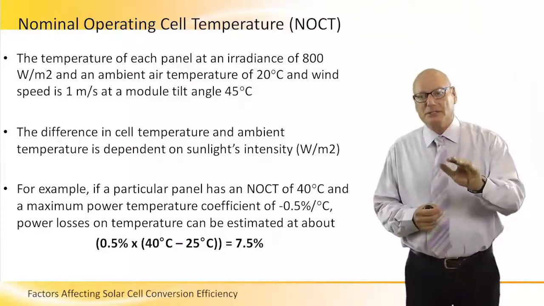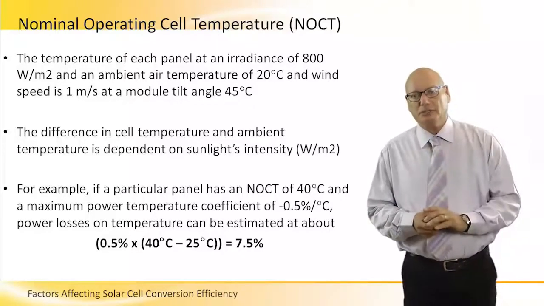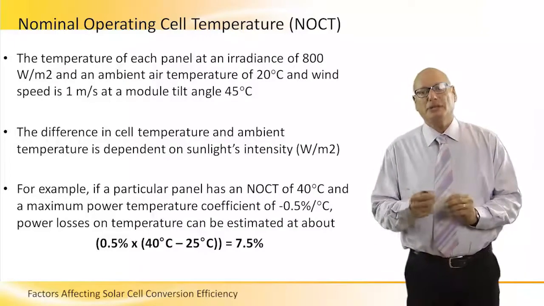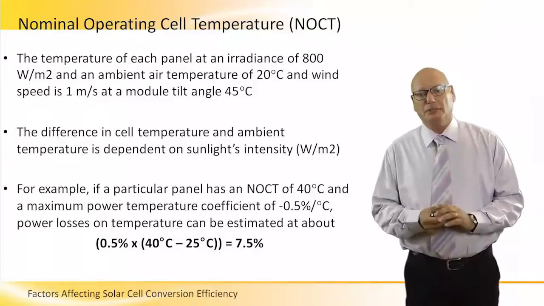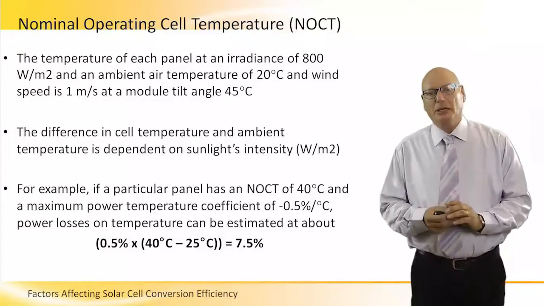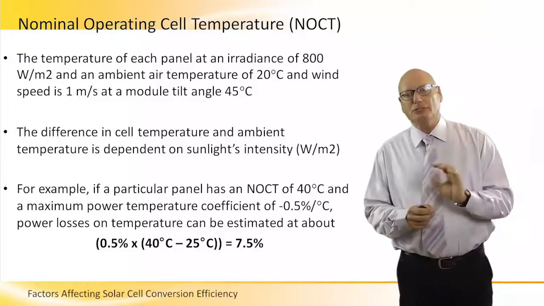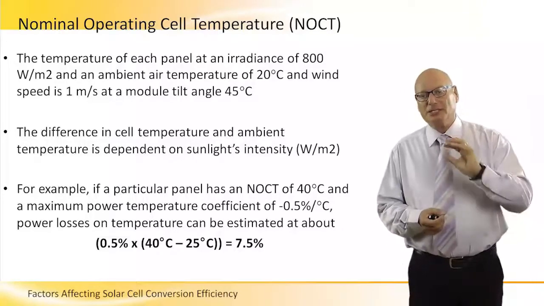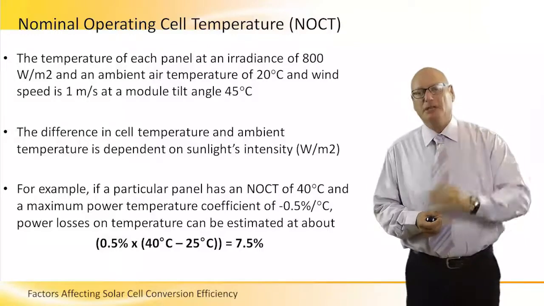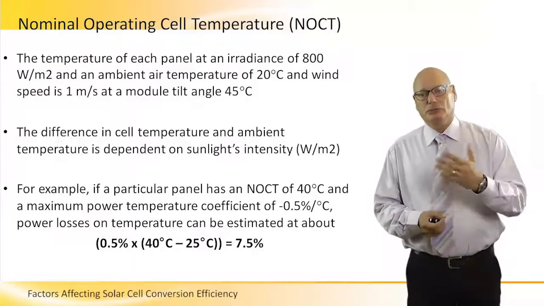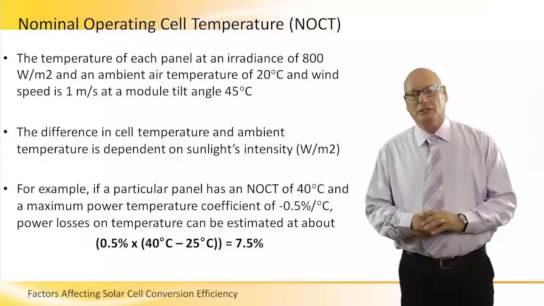And the standard is 800 watts per square meter, irradiance, ambient temperature of 25 C, wind speed of 1 meter per second, and a model tilt angle of 45 degrees to the sun. These are the standard environmental conditions helping us to test a cell.